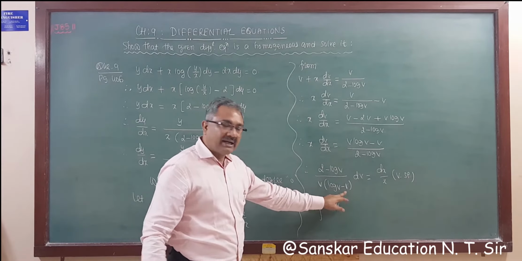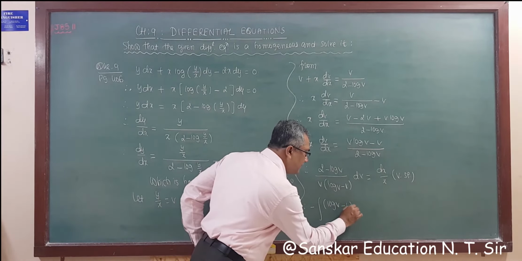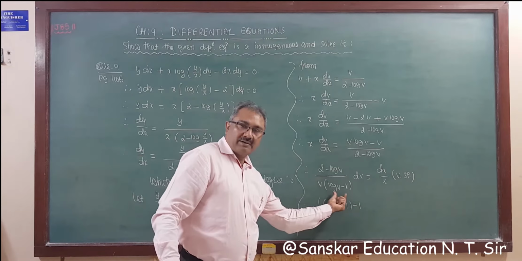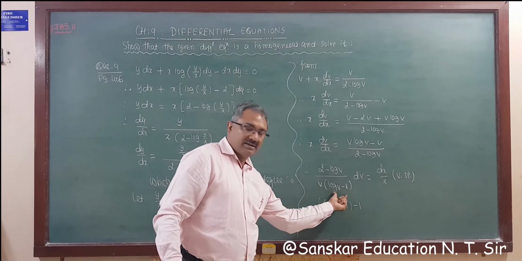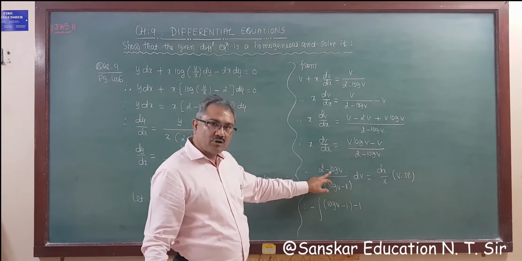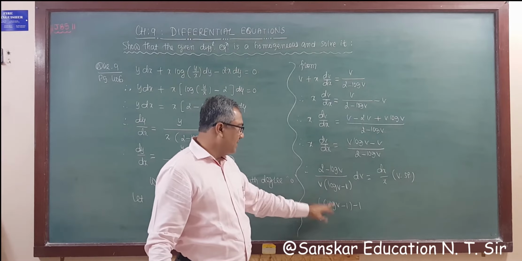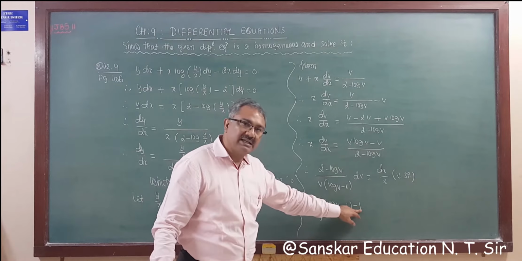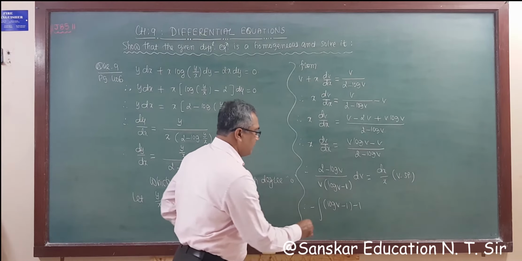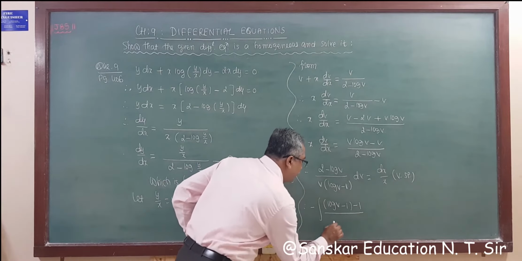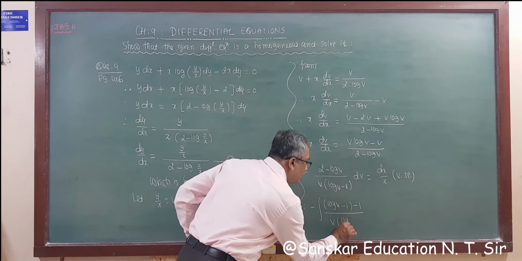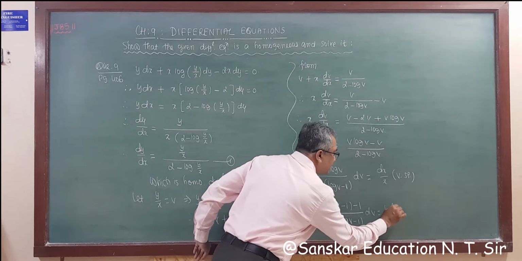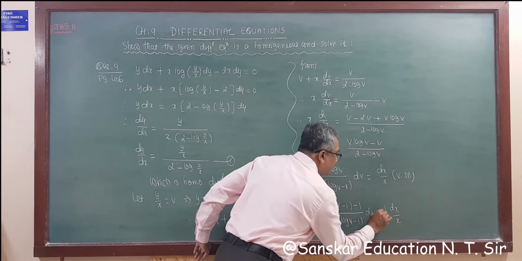But we need minus 1, so I am writing minus 1 minus 1, integrating and adjusting this term for integration. So taking minus common, this becomes plus, so log v, and this becomes minus 2, but we need minus 1, so I am writing minus 1 and taking this as a bracket. So this upon v into (log v minus 1) dv is equal to integration dx upon x.